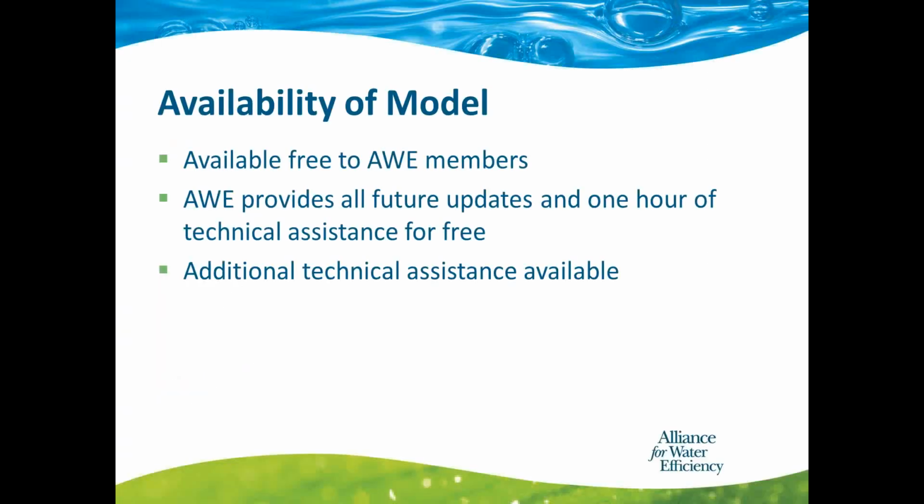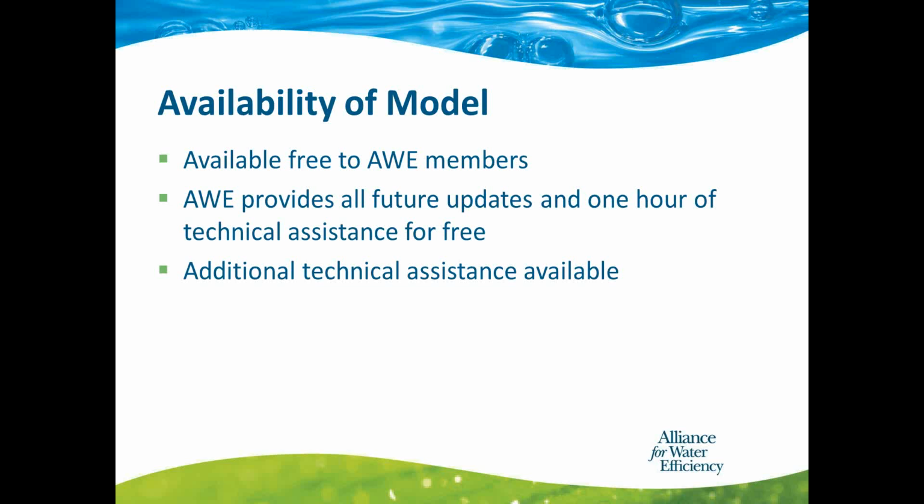So what is the availability of the tracking tool? It is available free of charge to AWE members, as I mentioned earlier. Part of that is we provide all future updates. You'll get a notice if we make any changes. For example, we just rolled out 3.0. On the chance we find a bug or we make a small change, you'll automatically receive notice about that.